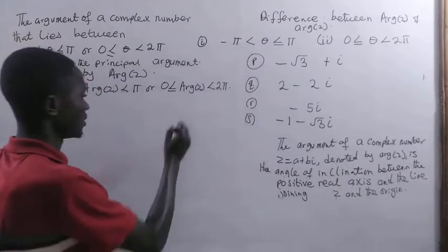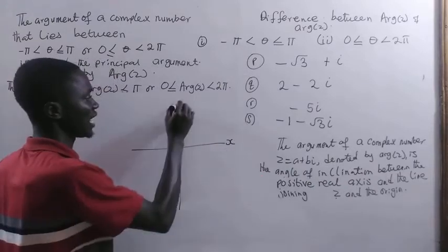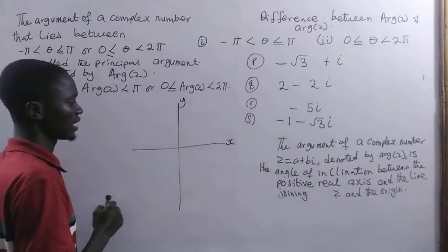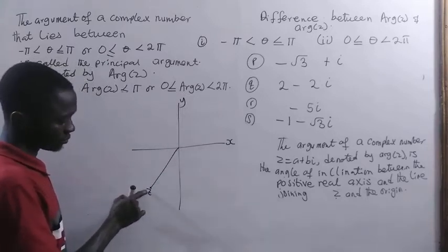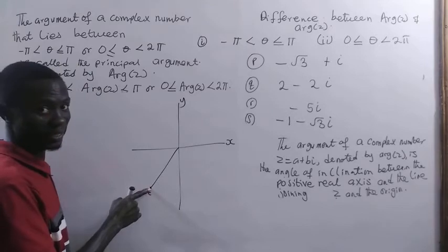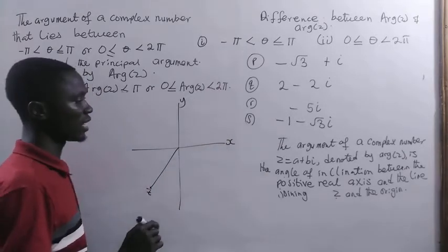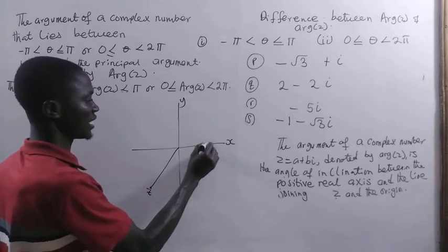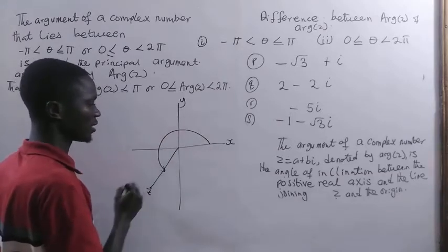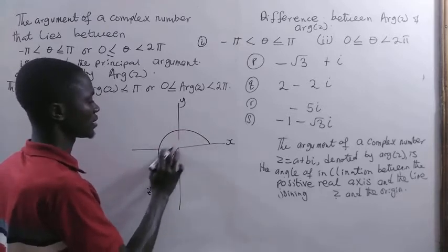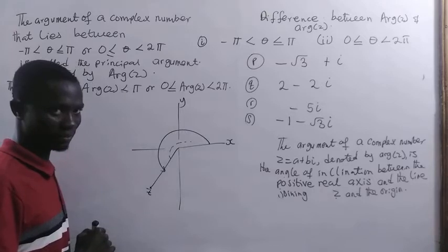So for instance, if I have my complex plane, this is the positive real axis, positive imaginary axis, and I have a point here as z, then the argument in general is the angle of inclination measured from the positive real axis to this line. So the whole of this angle is called the argument.